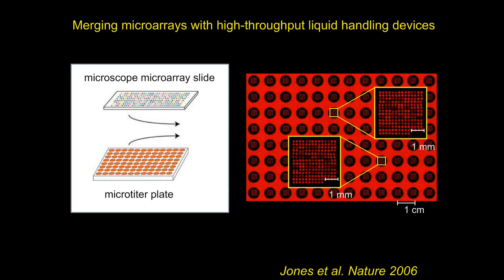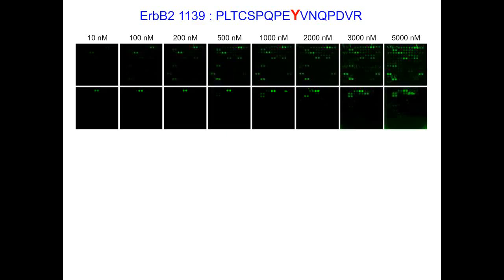What I am depicting here is a small amount of fluorescent dye that has been doped into each of the proteins that we arrayed onto the slide. And when we incubated our slide with phosphopeptides that were derived from the growth factor receptor, then we could start to see that there were different proteins on the slide that bound with different affinities to the peptide that was incubated.